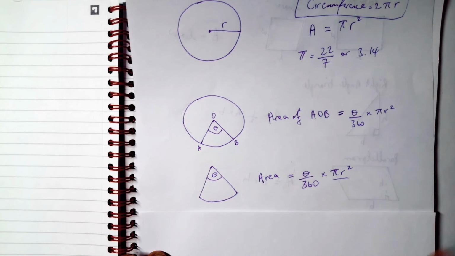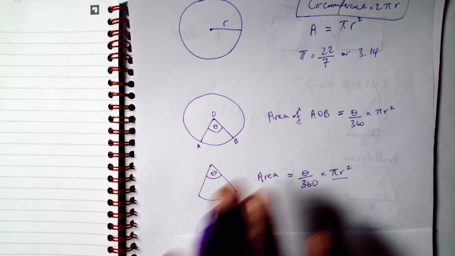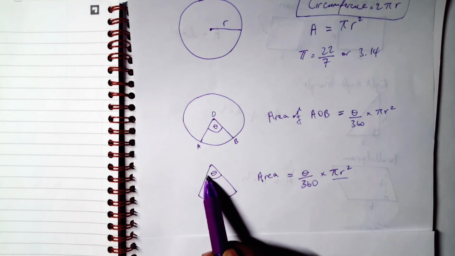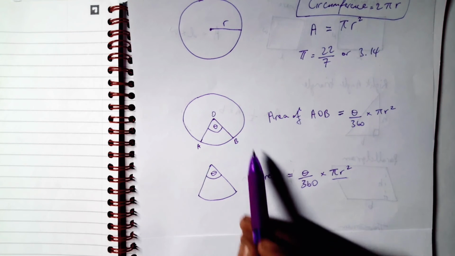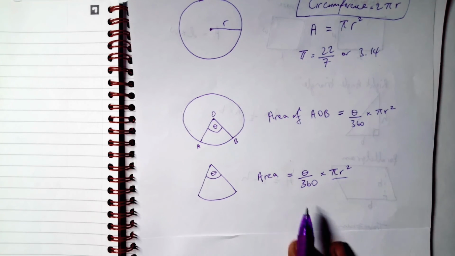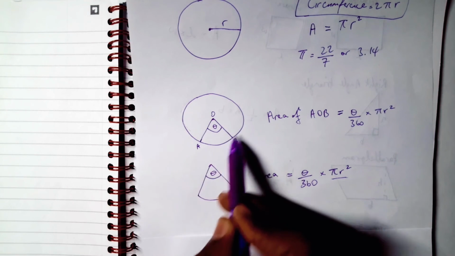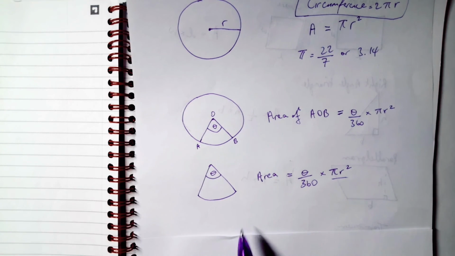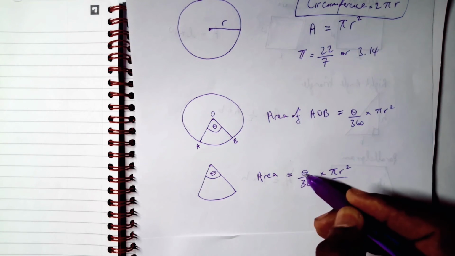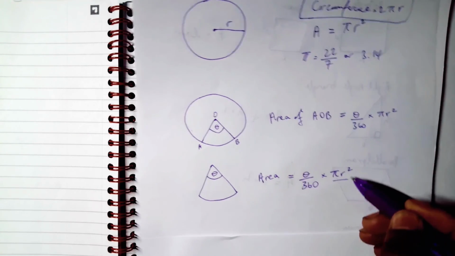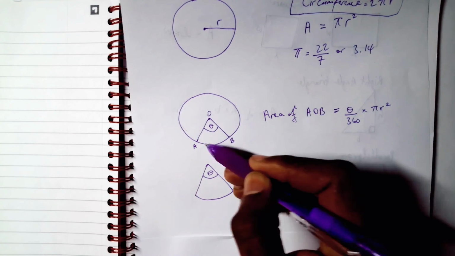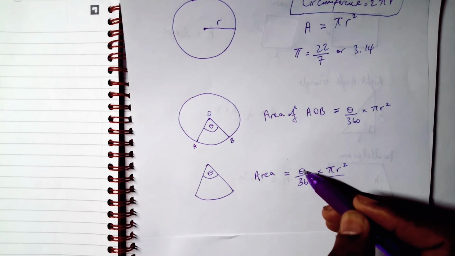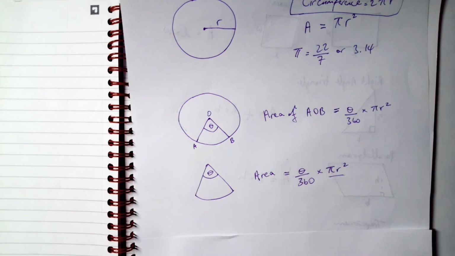Don't worry, this will become way clearer when we're doing questions. This represents the fraction of the whole. The area of the circle is the whole, the entire thing here. But if we want to find just the fraction here, we multiply the whole by the angle over 360. The questions are coming up.